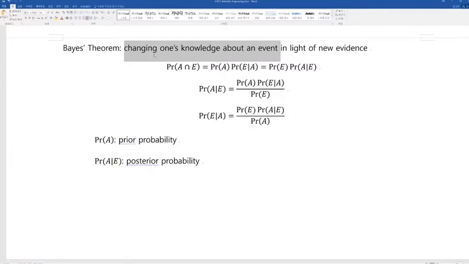So Bayes theorem can be used to update our knowledge after we receive new information. The concept may be a little difficult to understand, but it is a very important concept in dealing with a lot of probabilistic analysis.